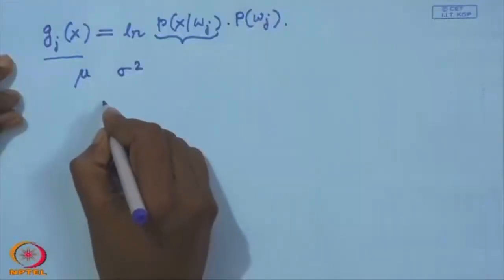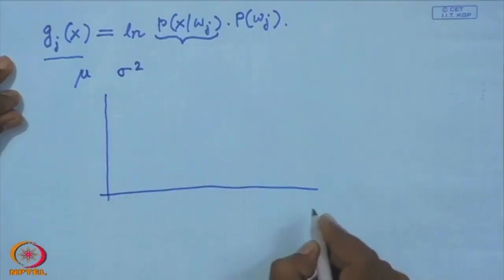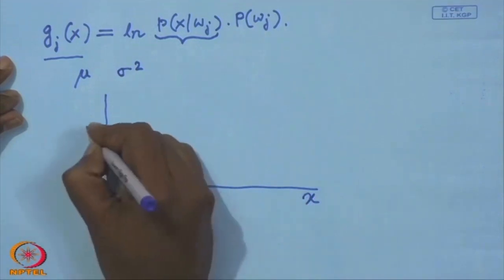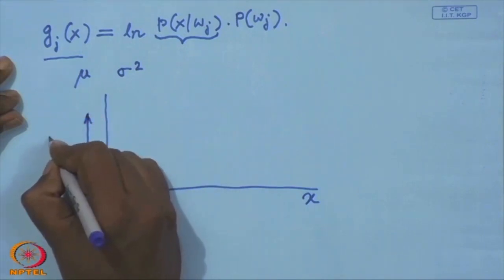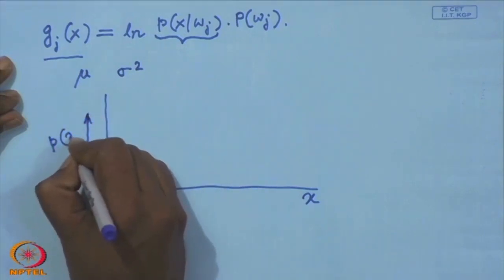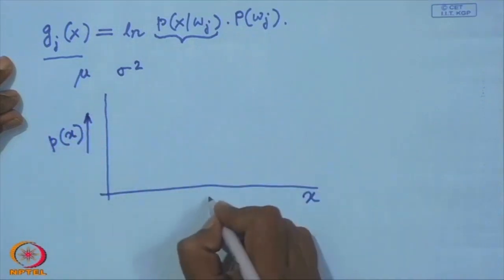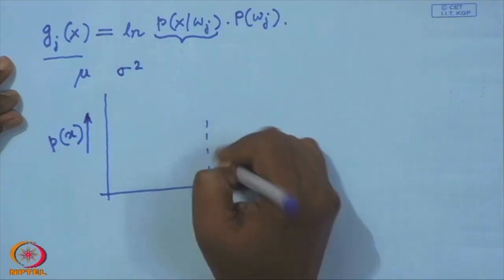If I plot it, this is my variable x, and along the vertical direction I plot p of x, and the curve will be something like this.